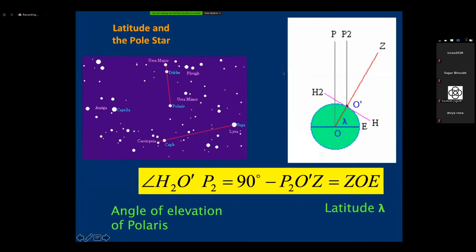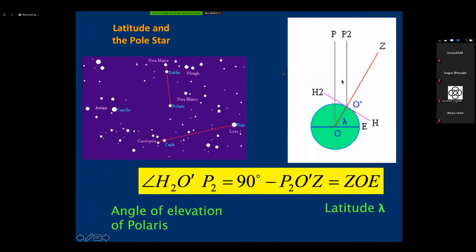If you are here on the Earth, that's your zenith. That's your horizon, which is perpendicular to the zenith. Okay? And if you're looking at any star in the sky, if you look at that angle, then you will see that this is lambda, which is the latitude.